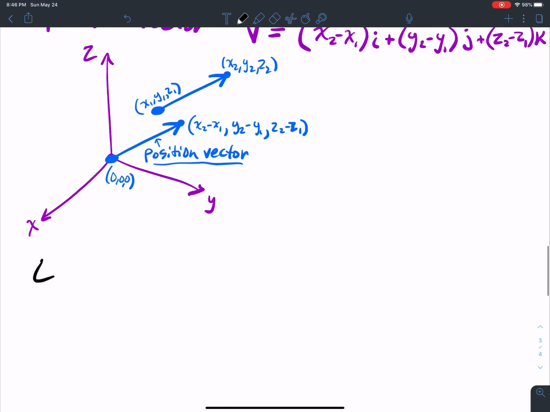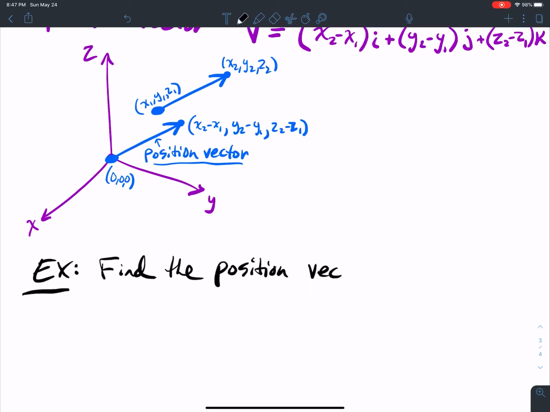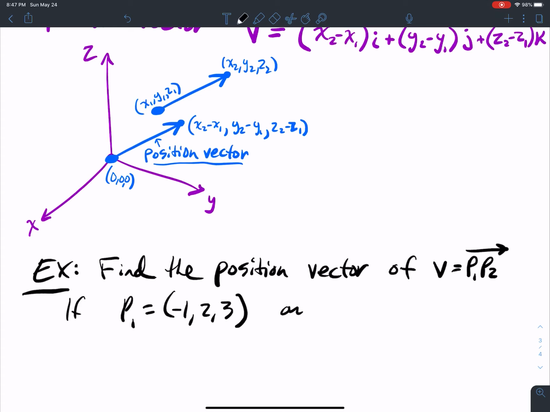All right. So finding the position vector. So let's just do an example and make sure we got it. It's not that big a deal. I want to find the position vector of v equals P1P2 if point 1 is (-1, 2, 3), and point 2 is (4, 6, 2).